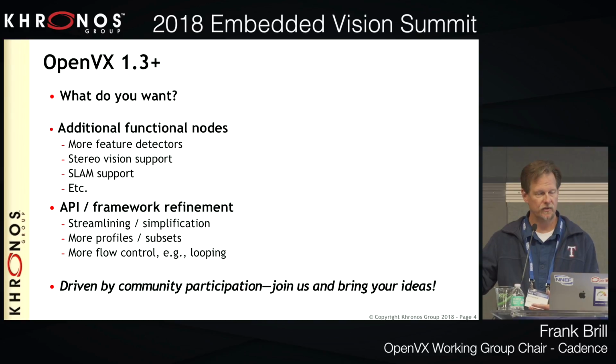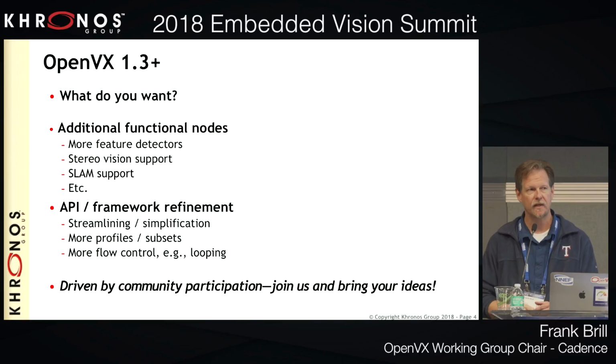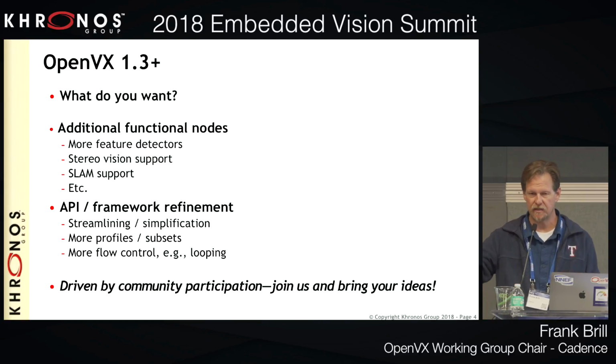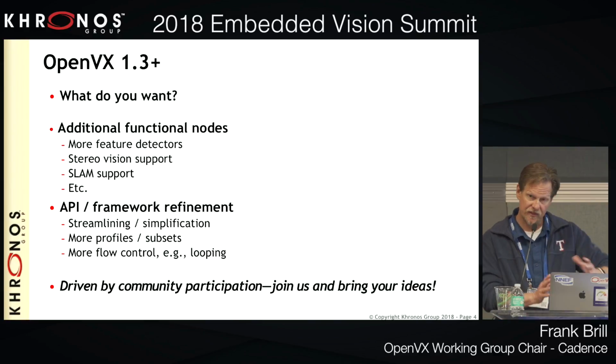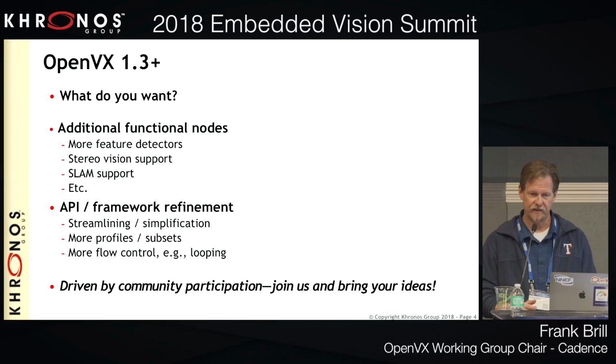So we could start with just saying, I need to know where the camera is as I move it around based on what I'm seeing, and have that be an extension, and then go to the next level where you're actually building up a model of your environment as you do that, based on what you see and based on doing the stereo from structure from motion kind of algorithms. So we could add some more for that, and maybe that's a profile where you add it not necessarily in the main spec, but you say, look, if I want to do SLAM, I have this subset of functions that I need to be able to do it.